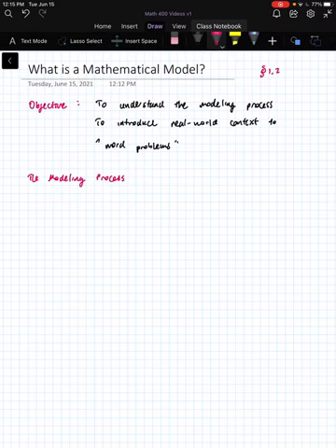So, what is the modeling process? So, we want to begin by thinking about this as flow. And we begin with the problem. And it's not necessarily a problem in a bad sense, but it's something that comes from a specific discipline.